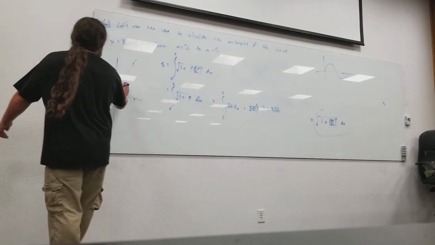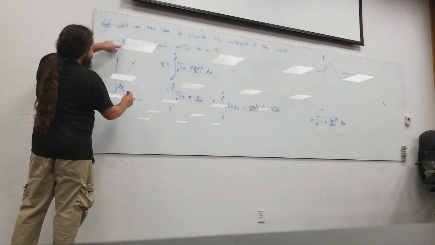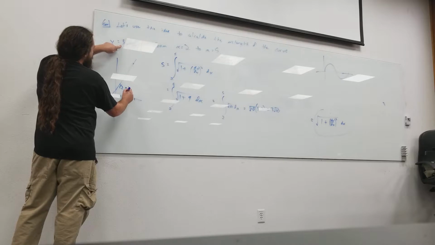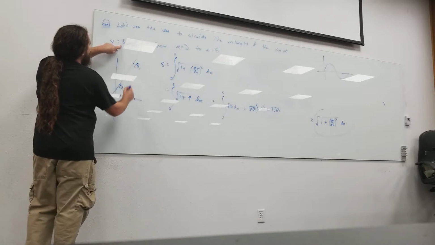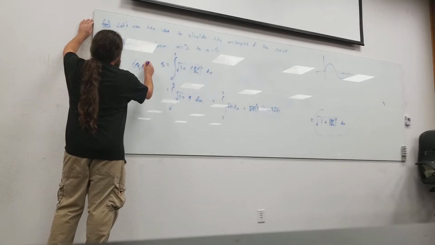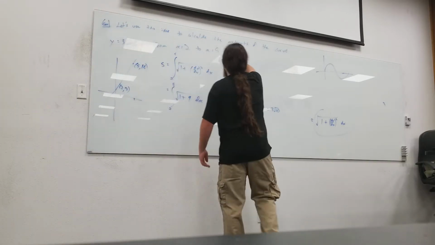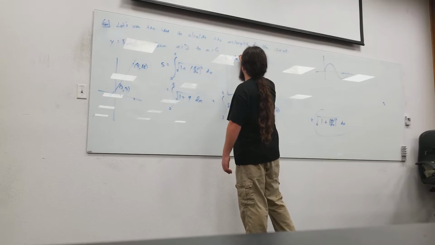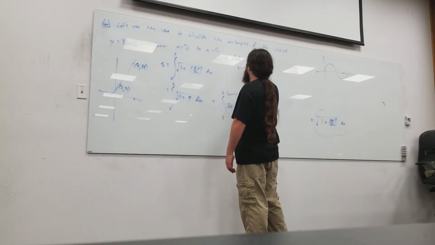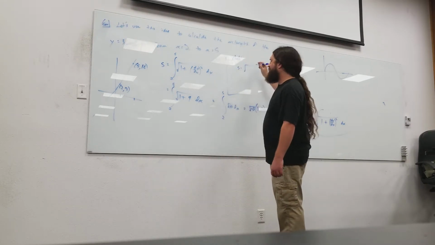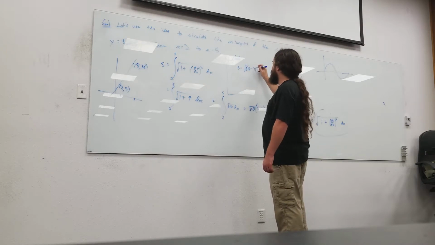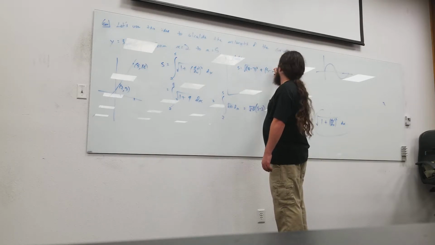Right, so what is this point? This is 2 comma, what is that, 7? And this will be 5 comma 16. Okay. So the actual length should be the square root of 16 minus 7 squared plus 5 minus 2 squared.